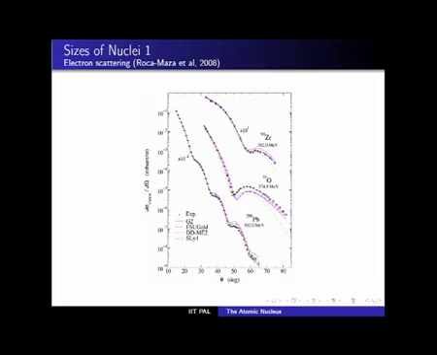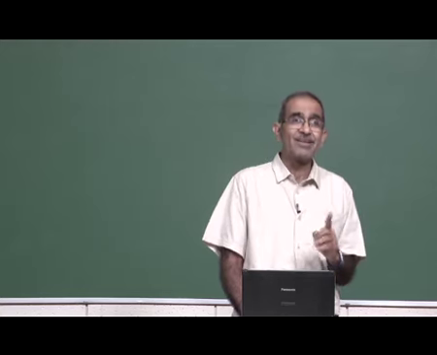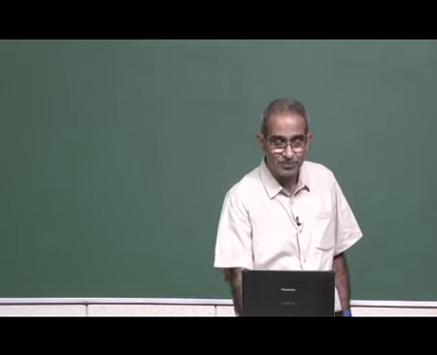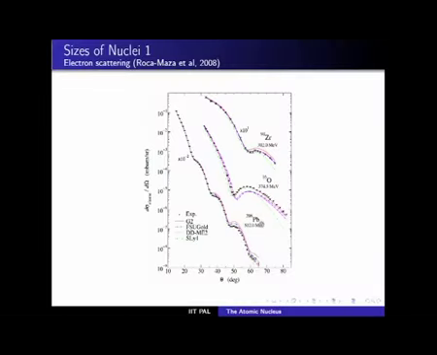What you do is to look at the scattering of electrons, mind you, electrons, not alpha particles, against various nuclei. So, you have these nuclei, for example. The bottommost is lead with an atomic weight of 208. The one above that is oxygen 16. The one above is zirconium 90. So, these are heavy nuclei.